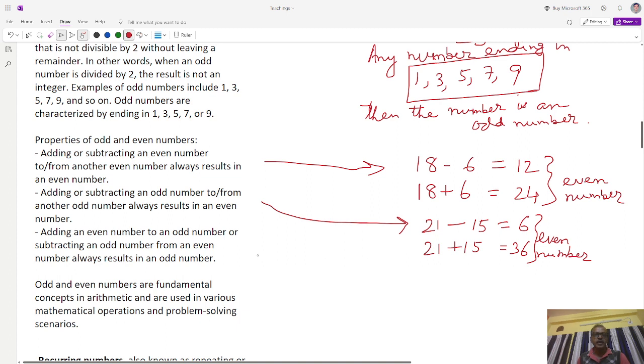Adding an even number to an odd number or subtracting an odd number from an even number always results in an odd number.